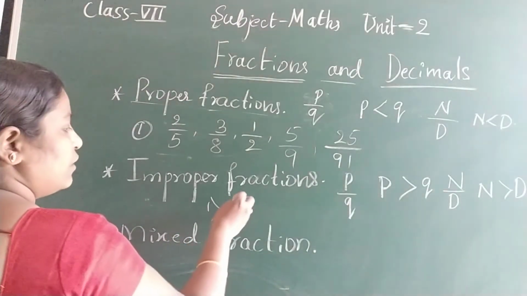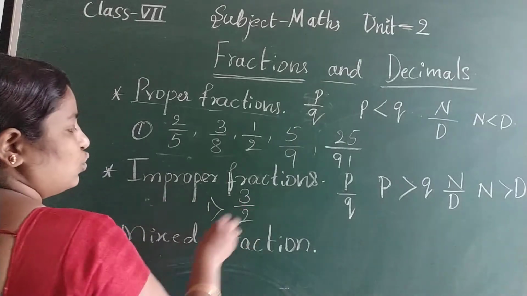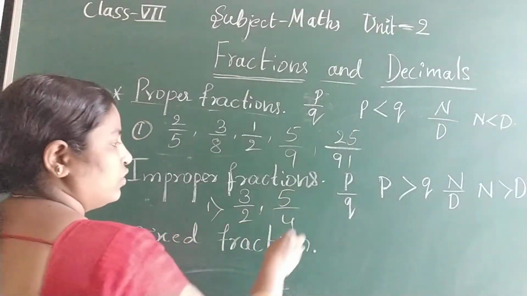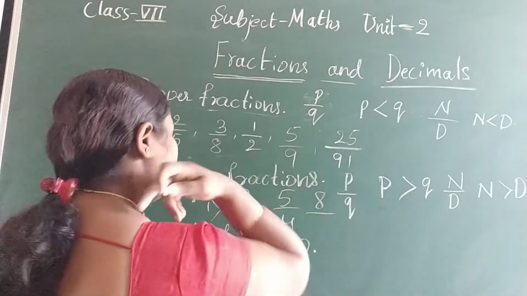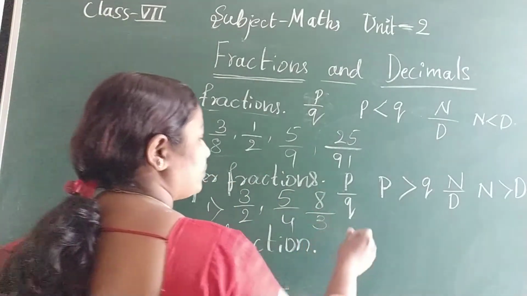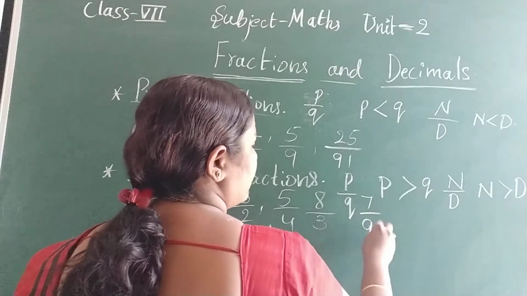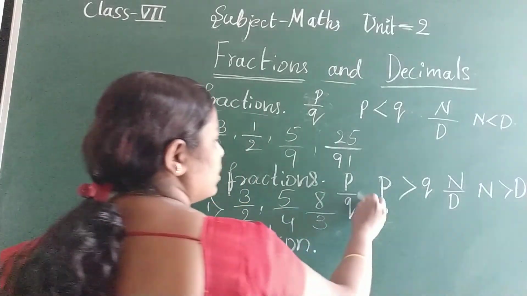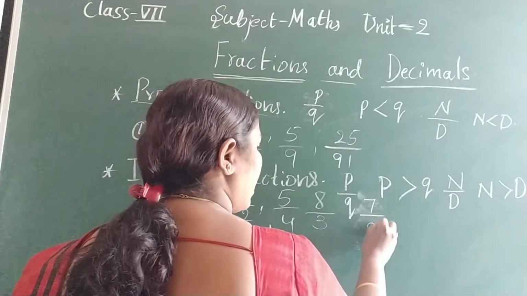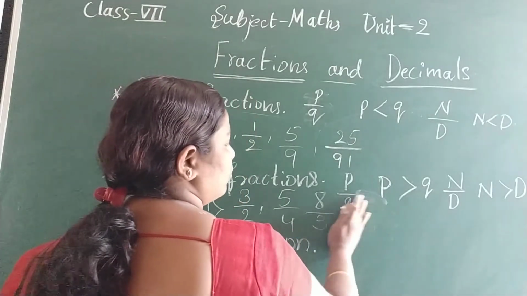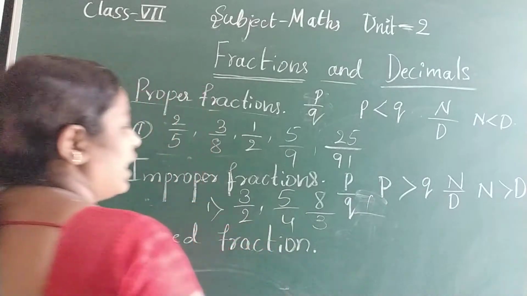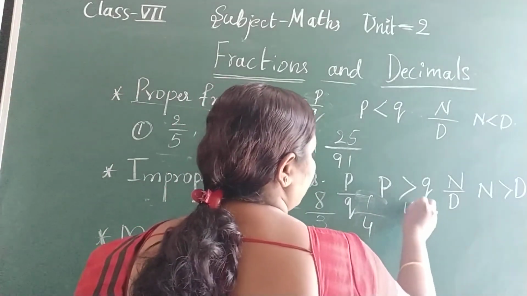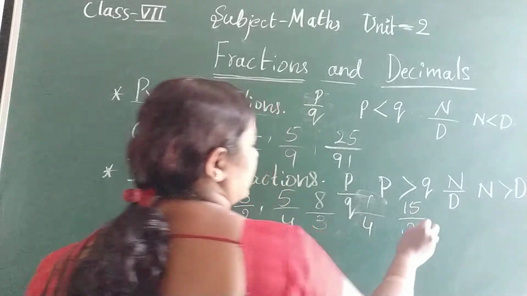For example, 3 by 2, 5 by 4, 8 by 3, 7 by 4, 15 by 3.